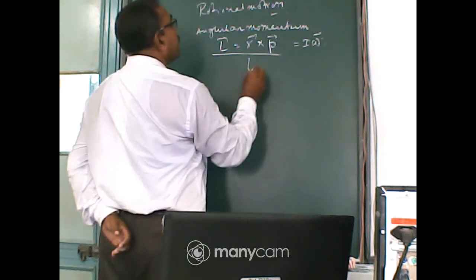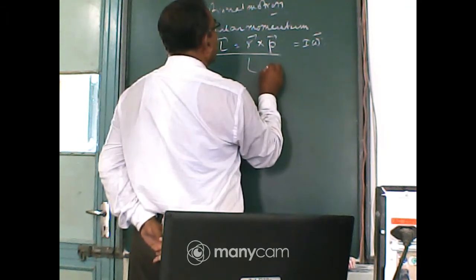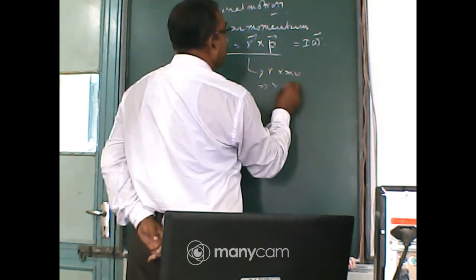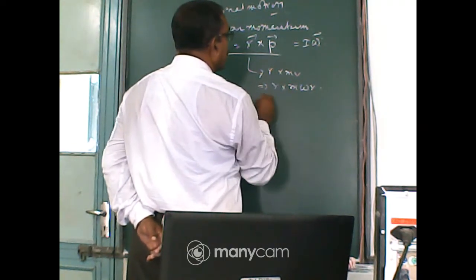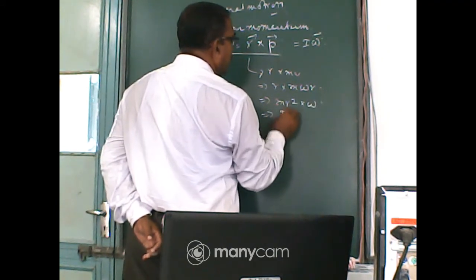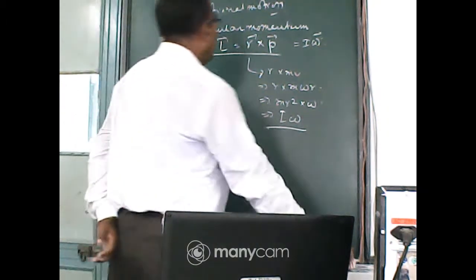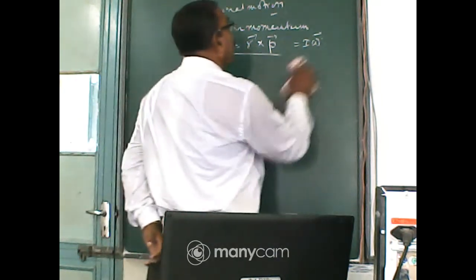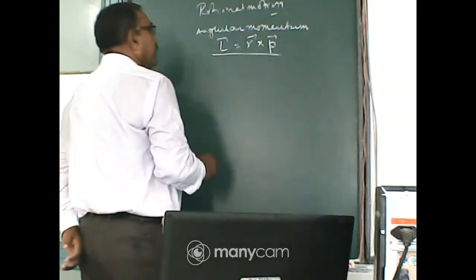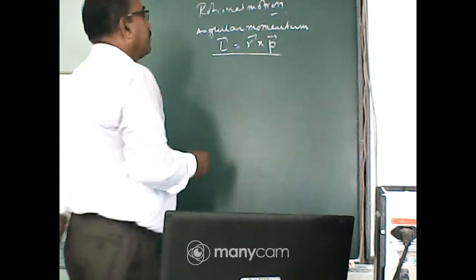P means mv, V means, m r square means, okay. So my dear student, you know it, the angular momentum and conservation of angular momentum and the relation between angular momentum and torque.